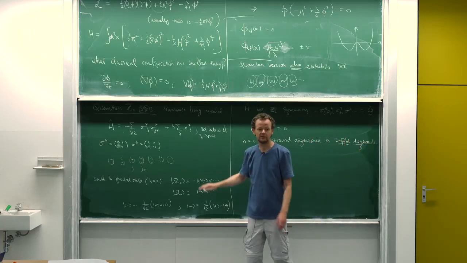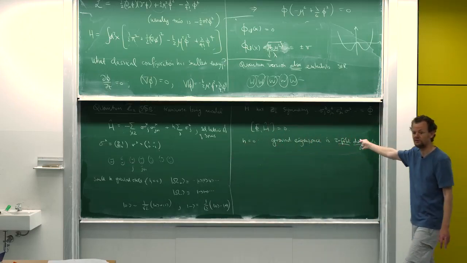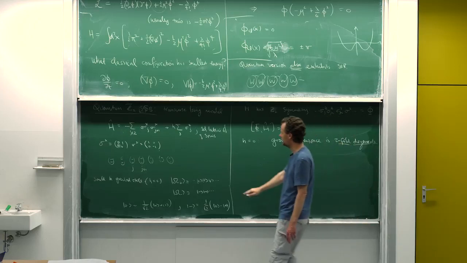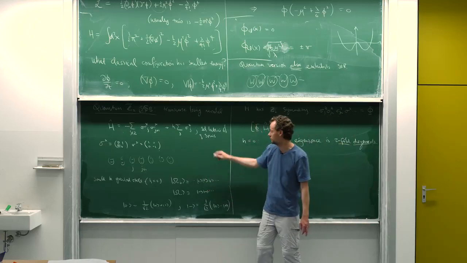The ground eigenspace for this model for h is 0 is twofold degenerate. There are two possible ground states. And here is a basis for this ground eigenspace for this Hamiltonian.